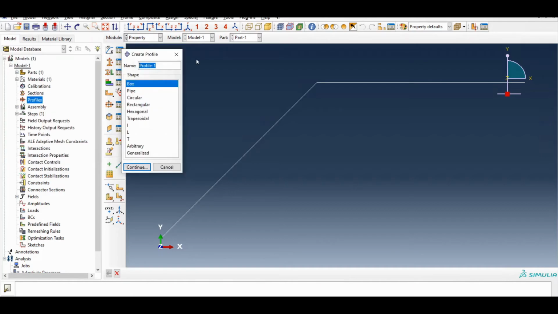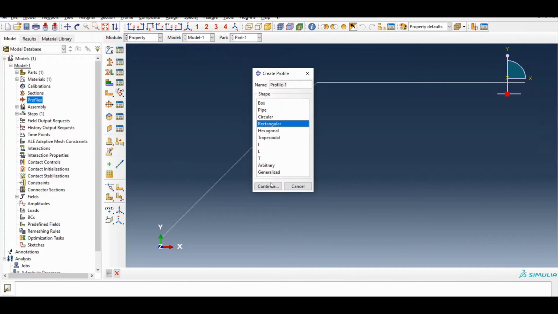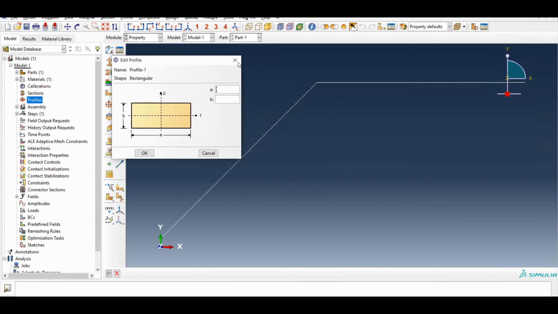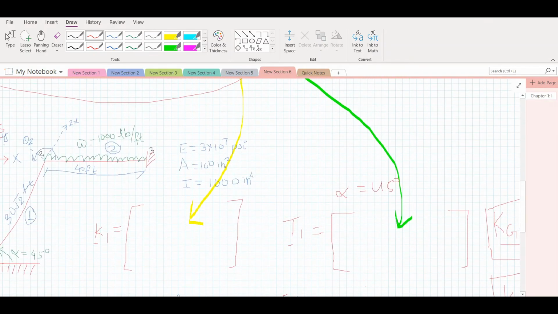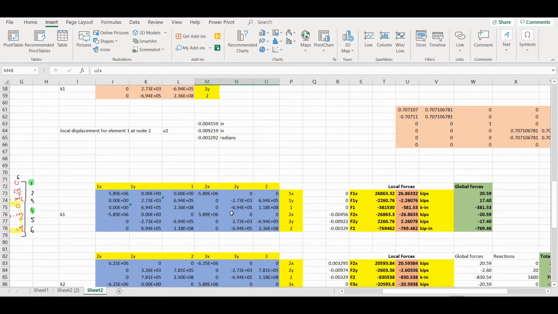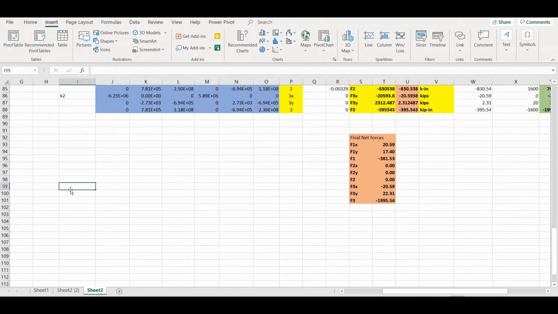It will be a rectangular section. Now here we are given our area and moment of inertia. Now we have to find a section that matches these values. So for this one, we can just go to Excel and let us iterate it. That's A, that's the width, that's the height. Let's say this is 10, this is 10 in inches.